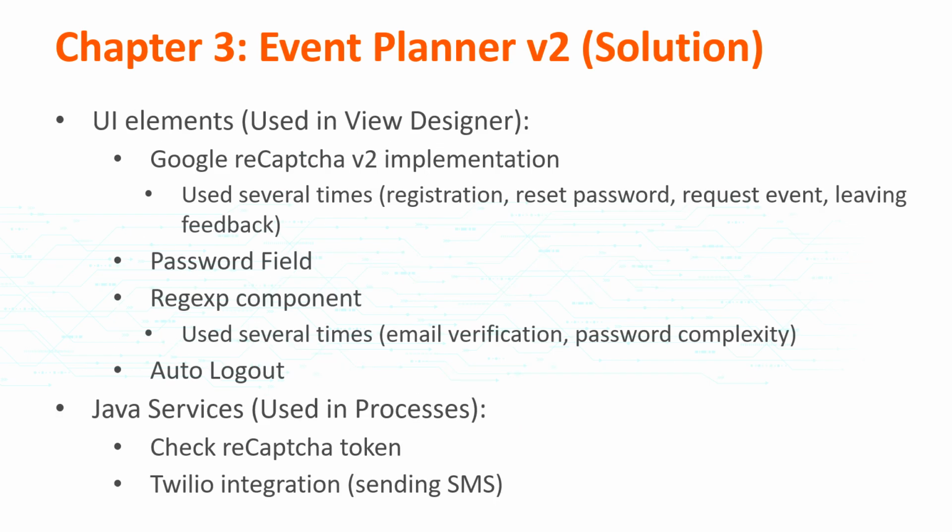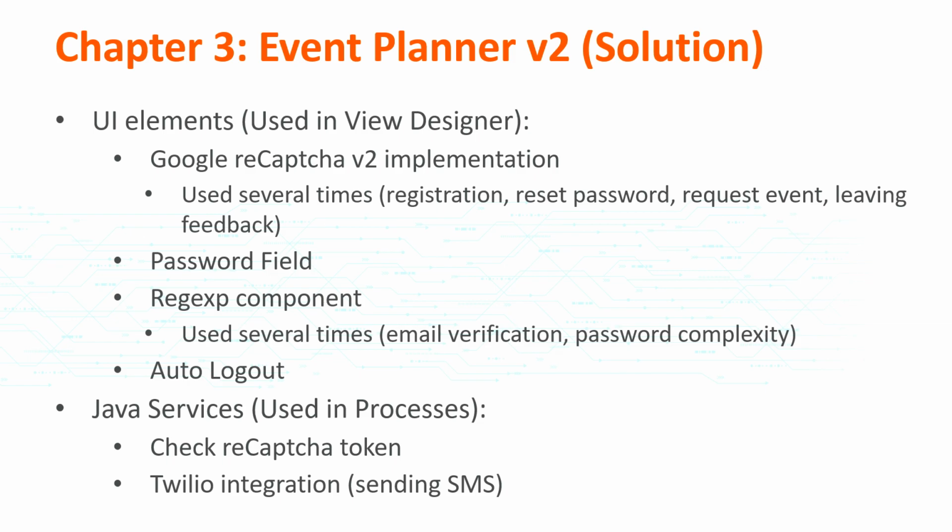So when you think about it, here is what we have custom for this Event Planner v2. Just a login page, just for self-registration and resetting password. I have the Google reCAPTCHA v2 implementation that I'm going to use multiple times for registration, reset password, requesting an event, leaving feedback.